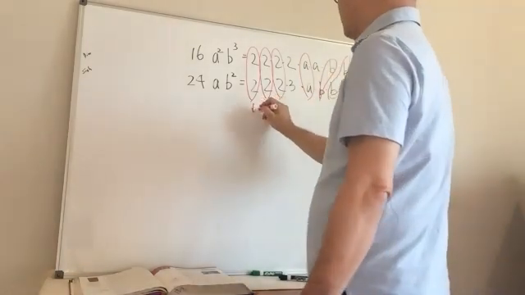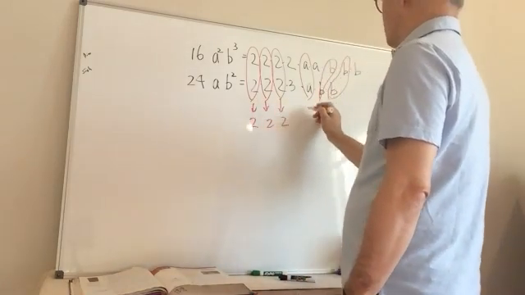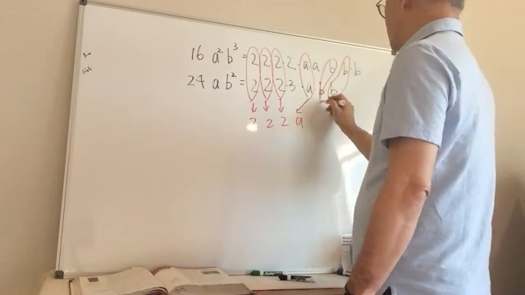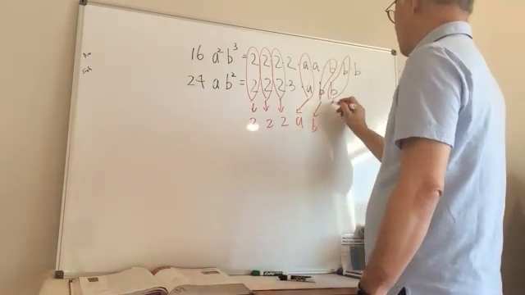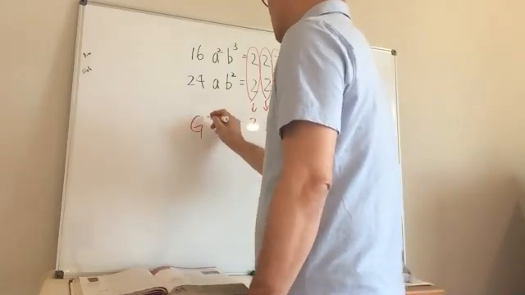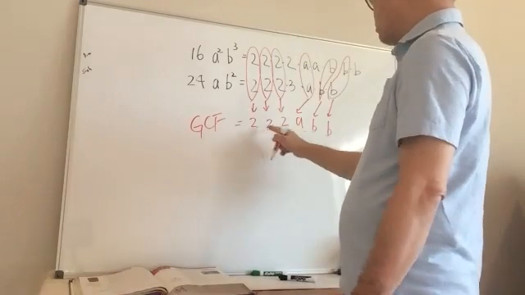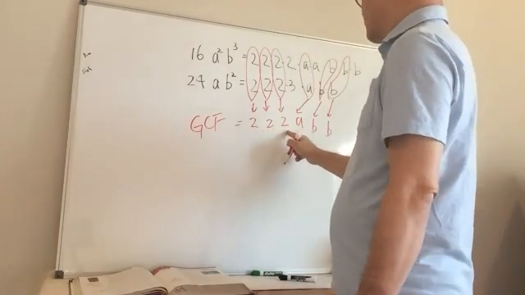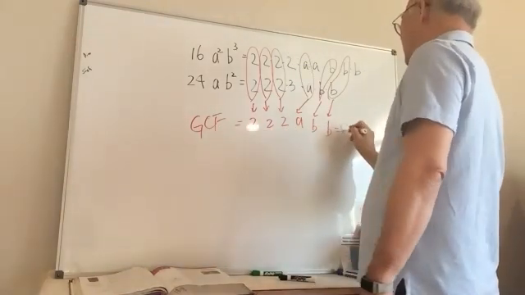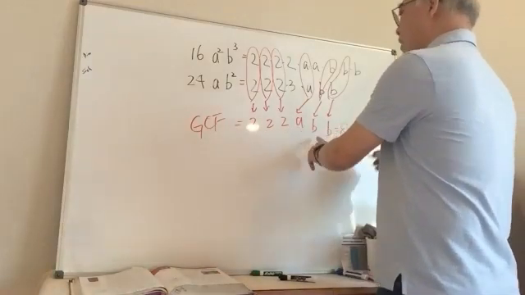So we're going to have a 2 from here, a 2 from here, a 2 from here, an A, and a B and a B. So this is going to be my greatest common factor. It's going to be 8, since 2 times 2 times 2 is 8. So it's going to be 8AB squared, right?